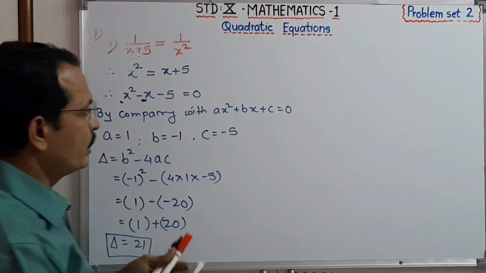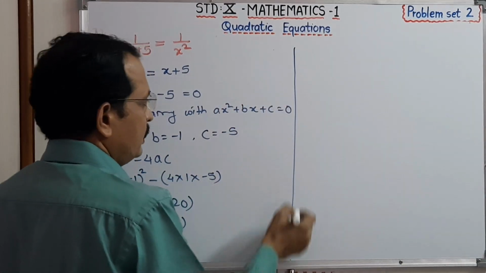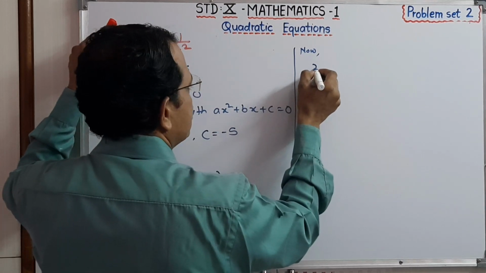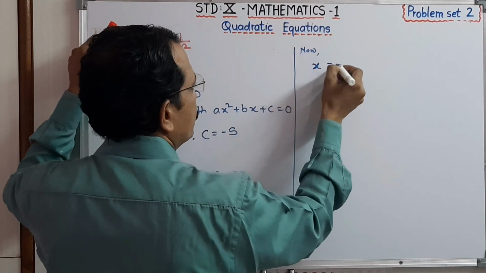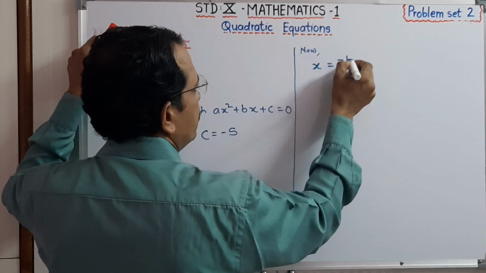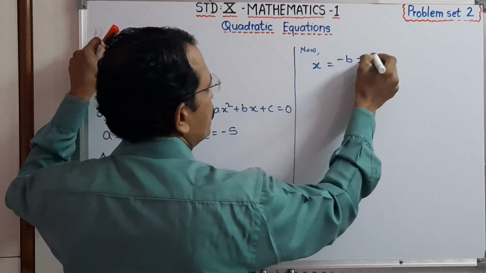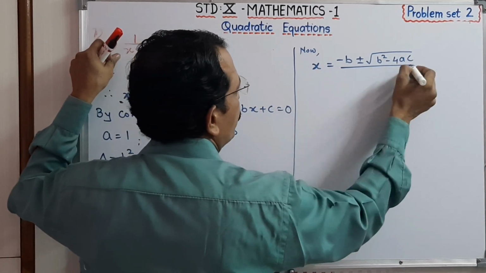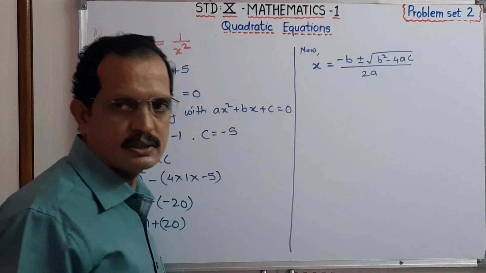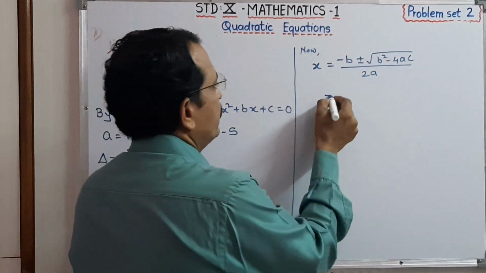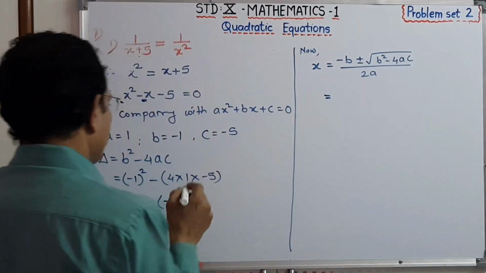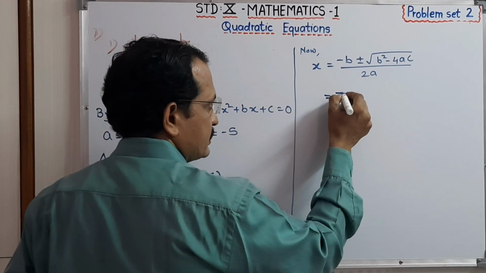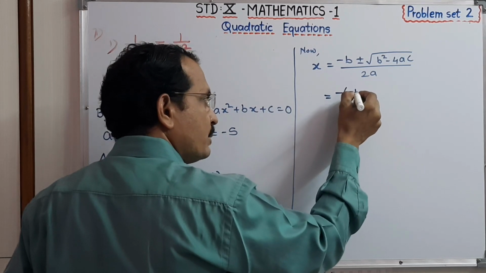And now we have to use the formula. Variable is x, therefore x is equal to minus b plus minus under root b square minus 4ac upon 2a. This is the formula. Now here it is minus b, minus, and the value of b is minus 1.